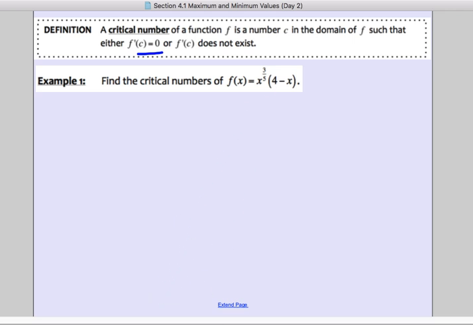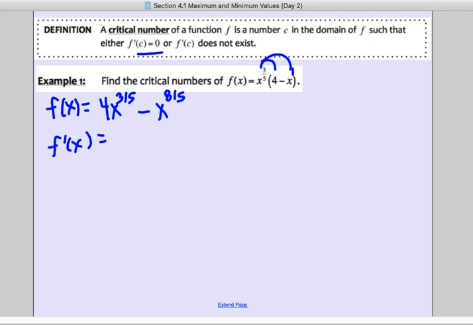So take our derivative, set it equal to 0. The first thing we're going to do is simplify to make life easier. So f of x is equal to 4x to the 3/5 minus x to the first times x to the 3/5, and 3/5 plus 1 is 8/5, so x to the 8/5. Now I'm going to take the derivative of this.